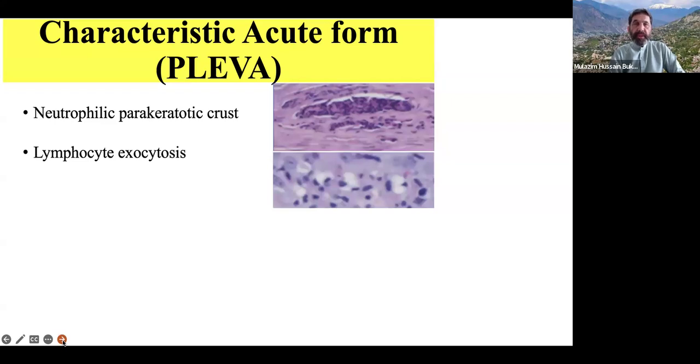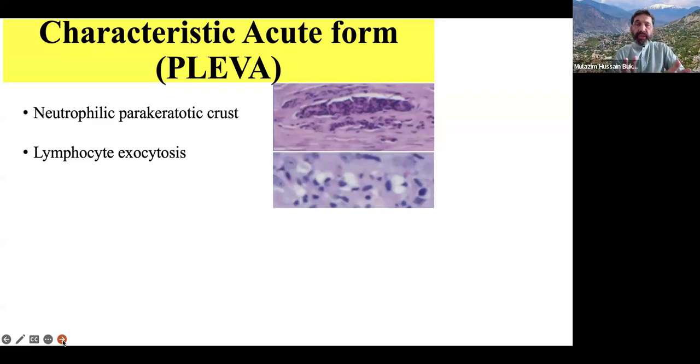This is very important. Doctor, note the question, and at the end, inshallah, I will ask you a question. Once again, exocytosis you can see in different inflammatory diseases, meaning a single lymphocyte present in the epidermis, in a vacuole, in a lacuna, where a very pyknotic lymphocyte sits inside.